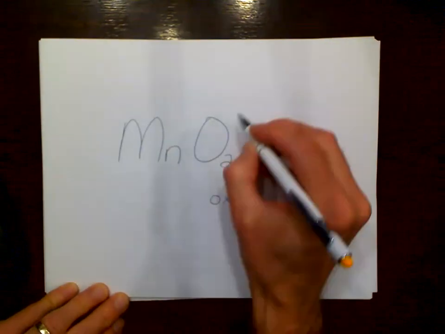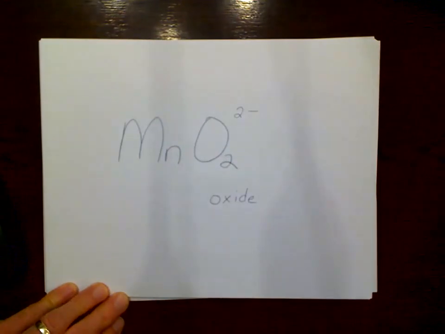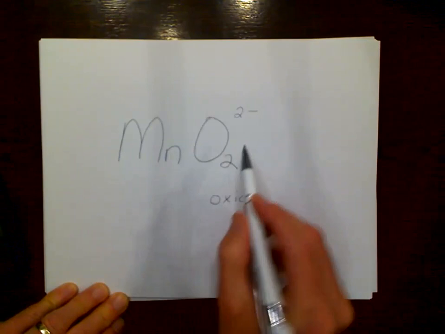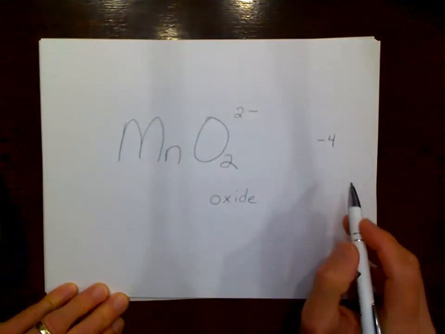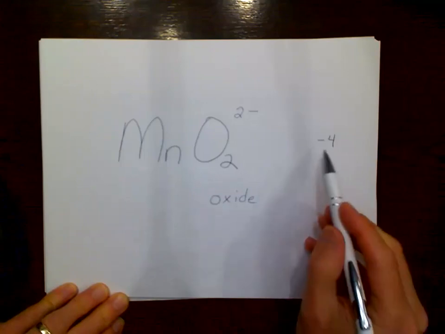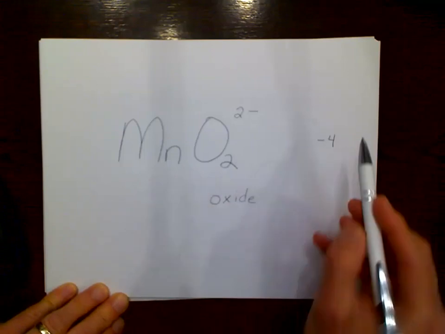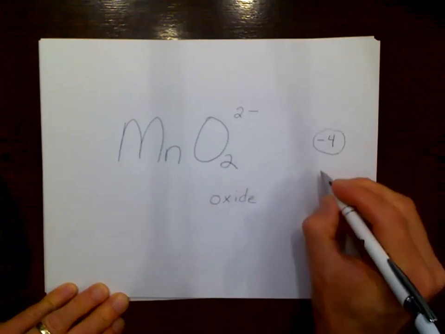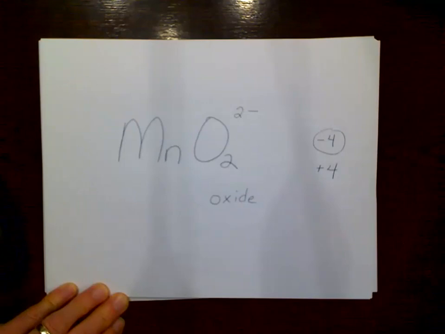Well, we know that oxygen, when it becomes an ion, it goes 2 minus. Negative 2 charge. And because there's 2 of them, that's a total of negative 4 charge that we have in this compound. Well, what do we need to balance that? I've only got 1 manganese, and that single manganese has to balance this negative 4 charge, so it should be fairly obvious that we want to give it a plus 4 charge.